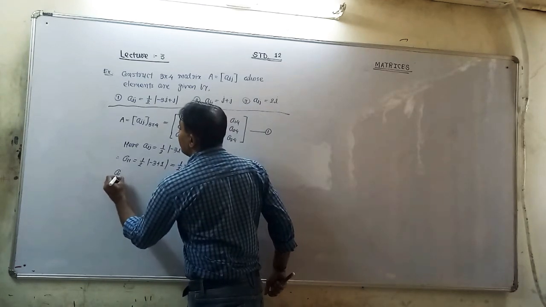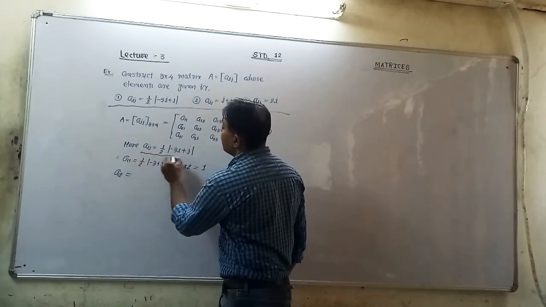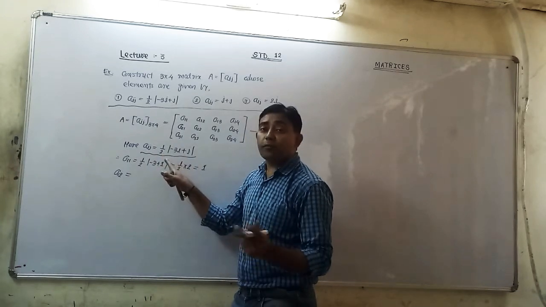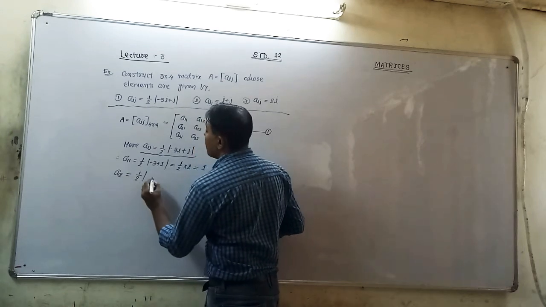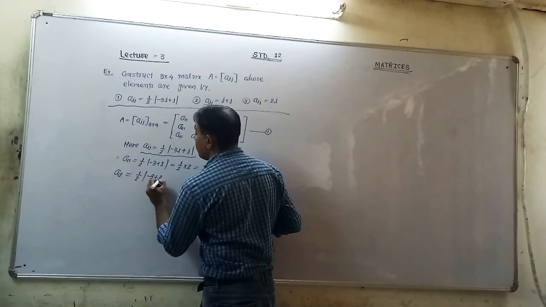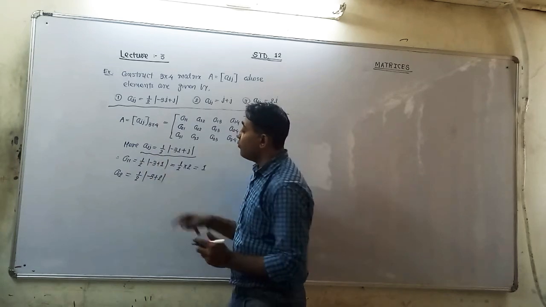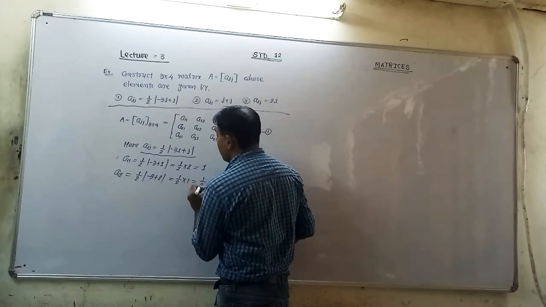What about A12? Just put the values there. Now the formula we have, Aij is 1 by 2 modulus of minus 3i plus j. I directly put 1 by 2 modulus of minus 3 plus 2. See, j is 2, i is 1. So 1 by 2 into 1, and so 1 by 2 is the answer.